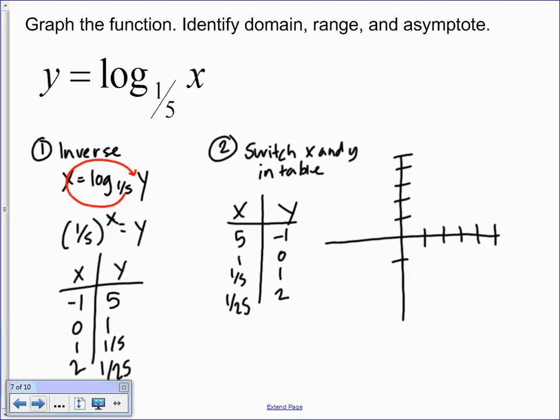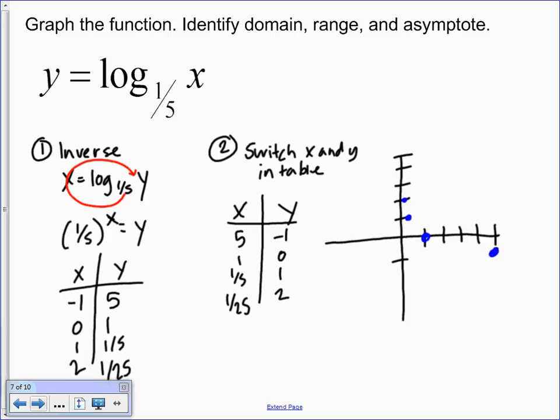Graph those points. So (5, -1) is 5 to the right, 1 down. Oh, I'll use blue for the graph. (1, 0) is 1 to the right, 0 up or down. (1/5, 1), (1/25, 2).